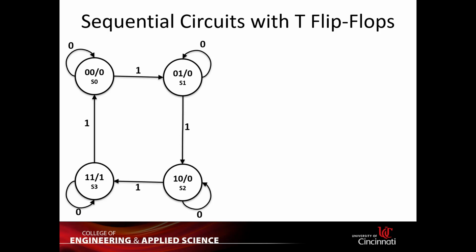So if you have a slash sign right here, you can have the output. The only thing you have to remember is for this type of state machine, the output is only depending on the current state. The output will not be depending on the input. Okay, it depends on the current state.